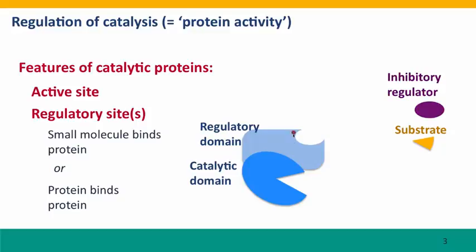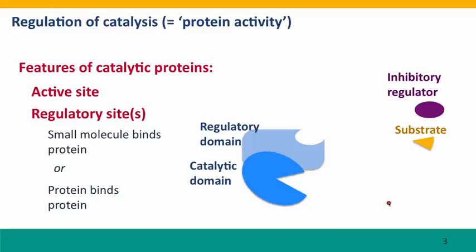But this isn't a catalytic site, this is a regulatory site. It's a site where a regulatory molecule can bind. The regulatory molecule may be a complex protein, or it may be a small molecule. It could even be the normal product of the reaction.